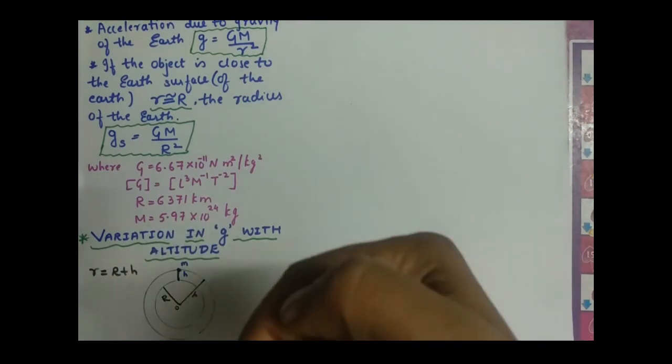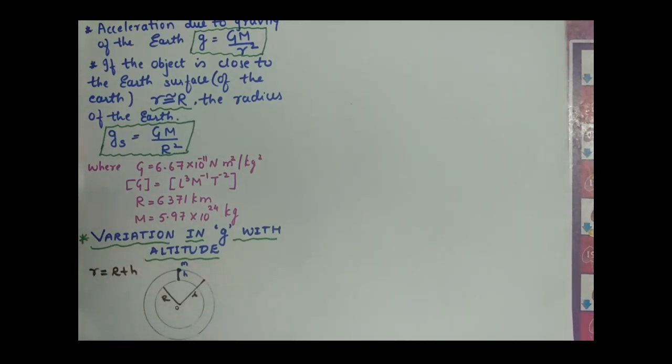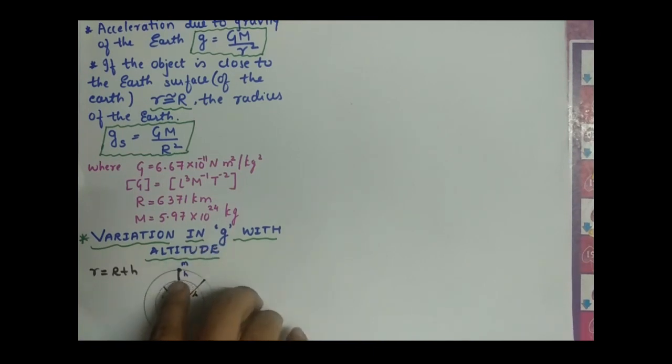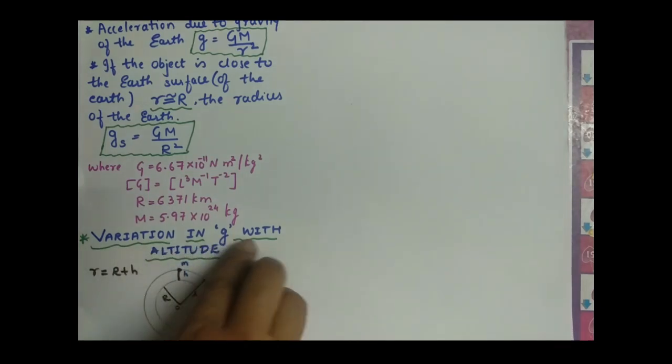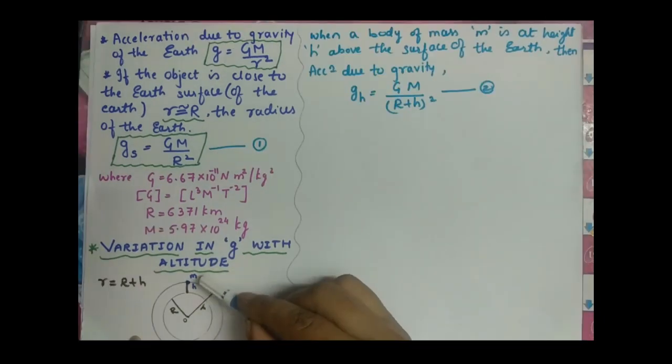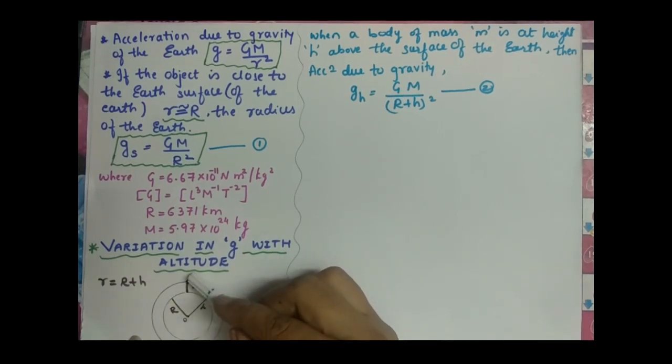So let us see what will happen to the value of g when we move far from the earth, that is above the earth's surface. So we are going to discuss in this video variation in g with altitude. When a body of mass m is at height h above the earth's surface, the inner circle in this figure is the earth.